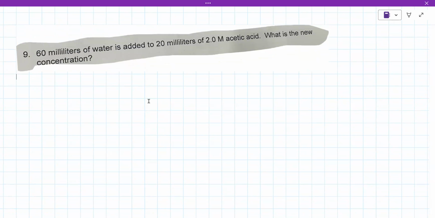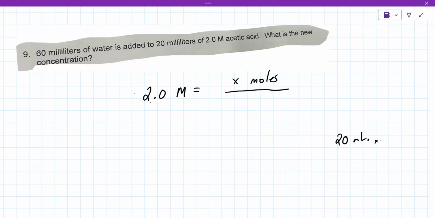What is the new concentration? So again, you've got 2.0 molar, which is some number of moles, which we'll call X, per liter. We know it's 20 milliliters, so we have to convert 20 milliliters to liters. 1,000 milliliters in 1 liter. 20 divided by 1,000 ends up being 0.02.